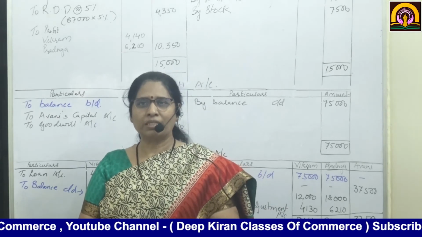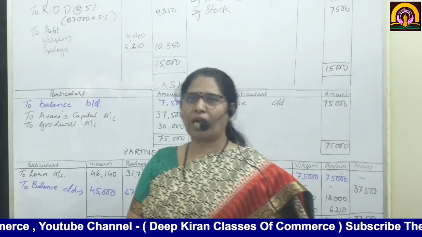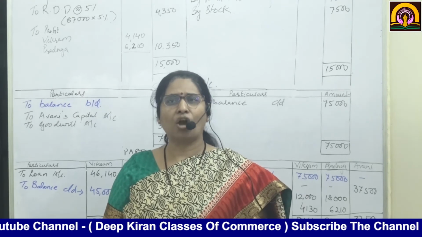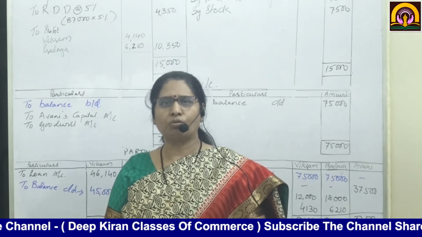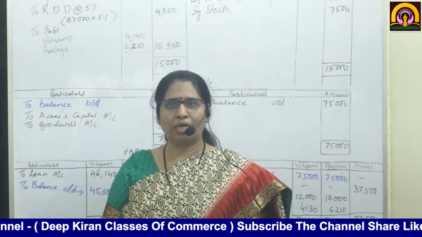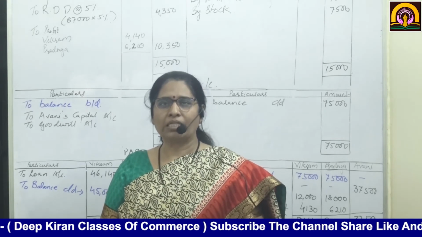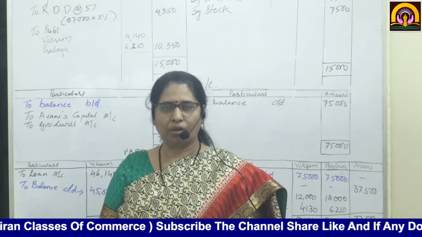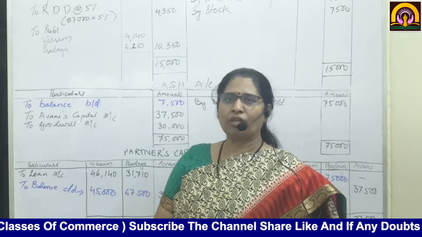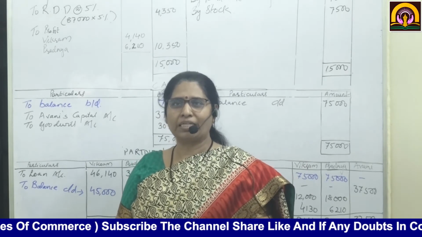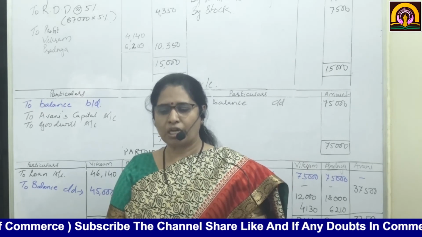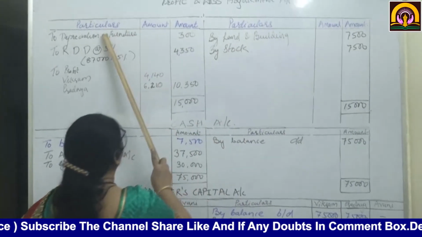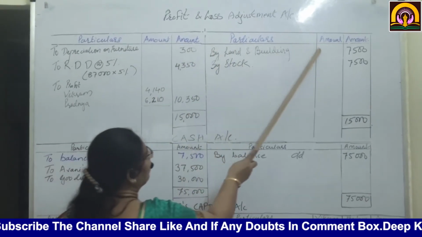The profit and loss adjustment account is a nominal account, just like the profit and loss account in final accounts, and here we are going to take the revaluation of assets and liabilities.